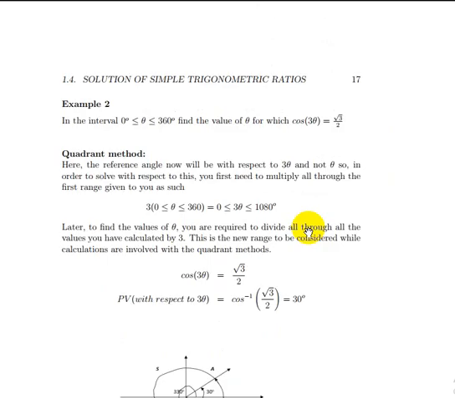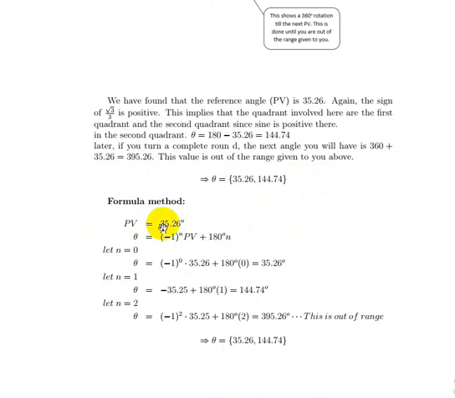The formula method is the second one. With the formula method, we've calculated the PV as sine inverse of the square root of 3 over 3, and that is 35.26. So now we are going to use the formula that is particular for the sine, and that formula is (-1)^n PV plus 180 degrees n. First we let n be 0, and the first value is 35.26.